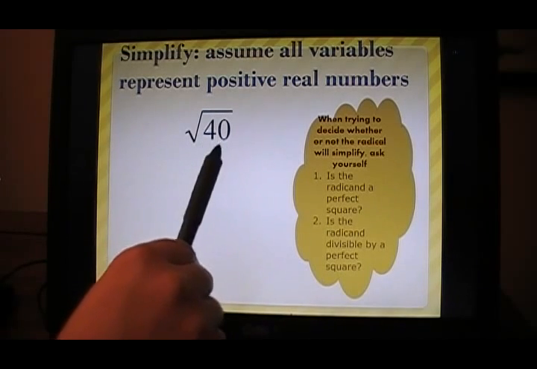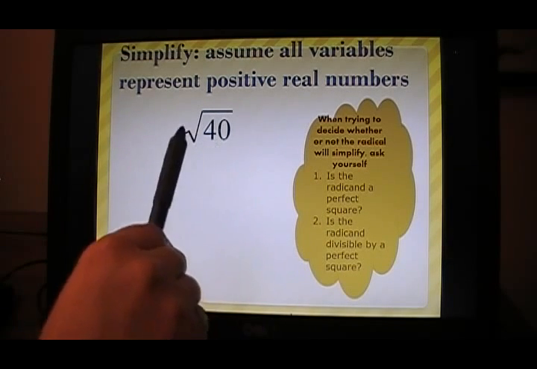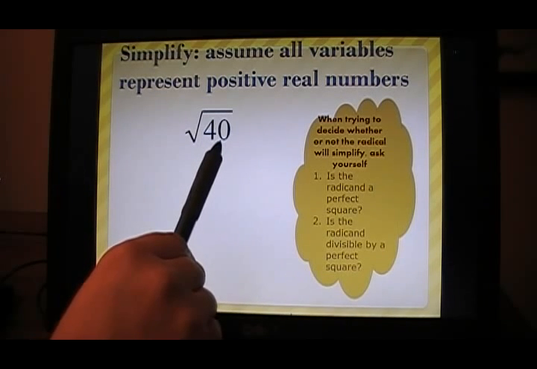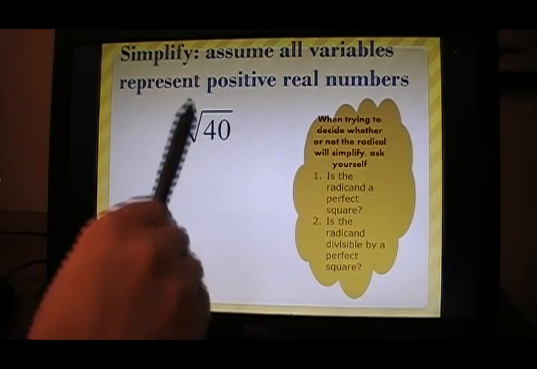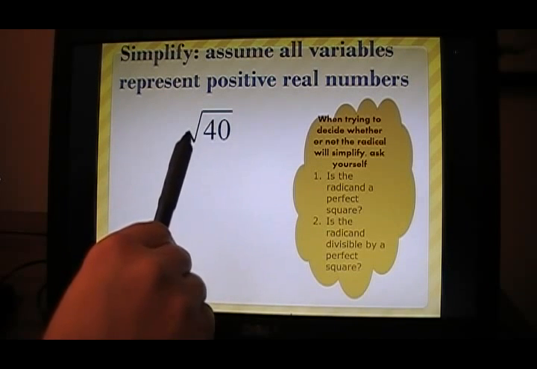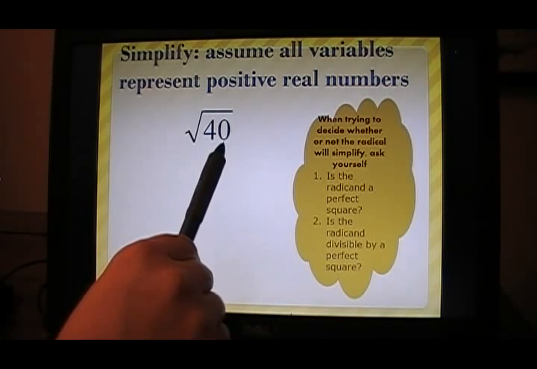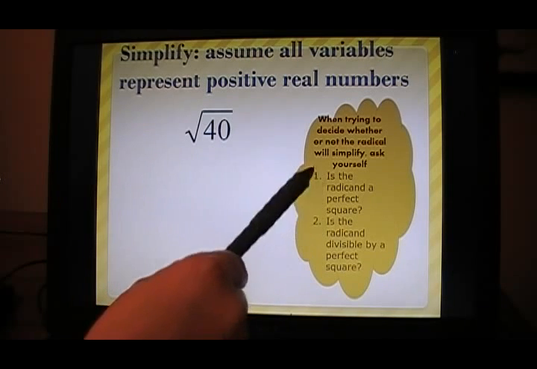Try as hard as you might, there is no number that you can multiply twice to get 40. Okay? So in terms of evaluation, I can't just find some rational number I multiply twice to get 40. So that's this first part.